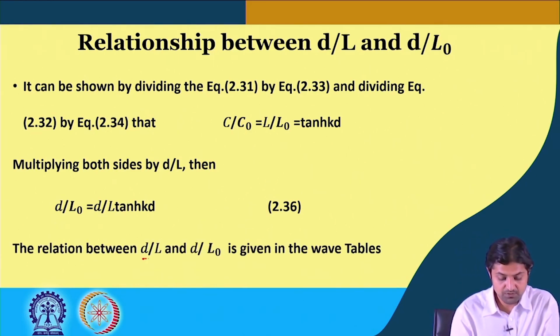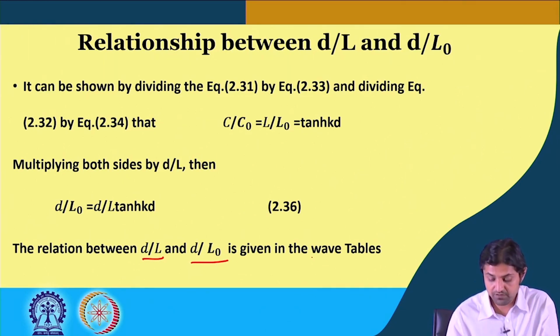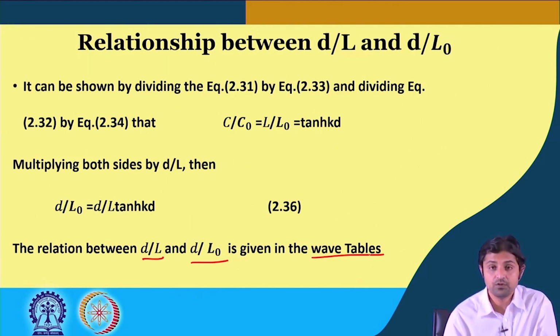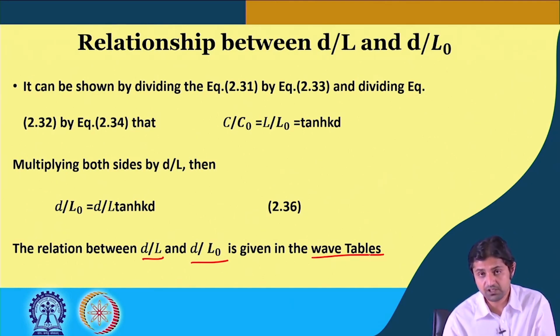Now, the relationship between d by L naught and d by L is given in wave tables also. If you want to calculate, there is something called wave tables, which I won't show you in this course, but if you need to solve, you can always use the trial and error method for solution of the dispersion relationship. Most of the questions that you will be getting in your assignments will be based either on deep water or very simple cases, where you can use the equations like the dispersion relationship or the velocity potential.